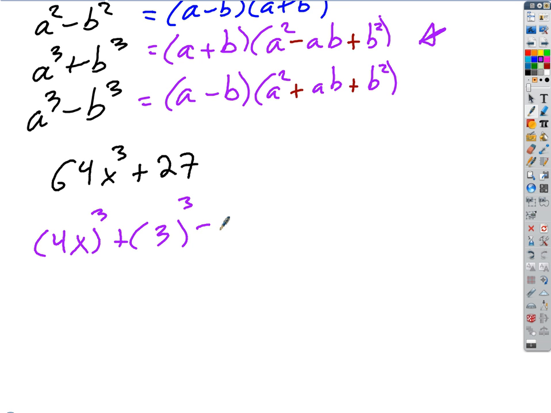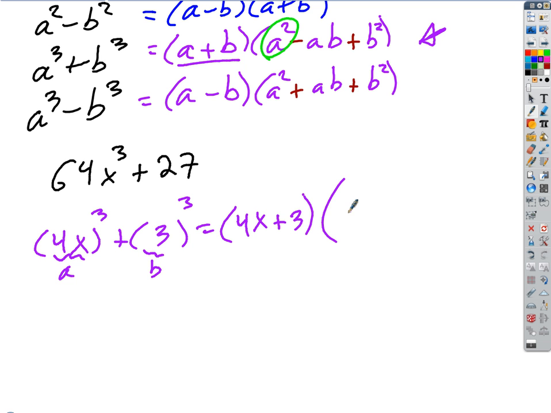So what do we get then? a plus b is going to look like what for us? 4x, because that's our a, plus 3, because that's our b. Good. Times, what is a squared going to look like? 16.